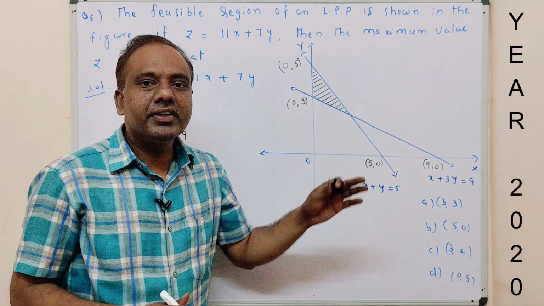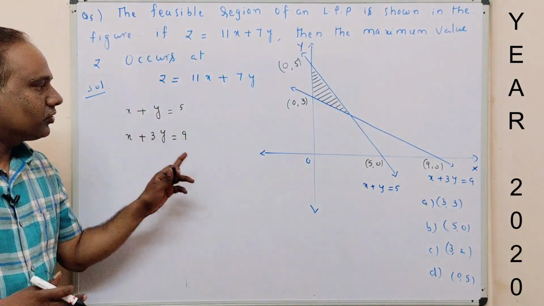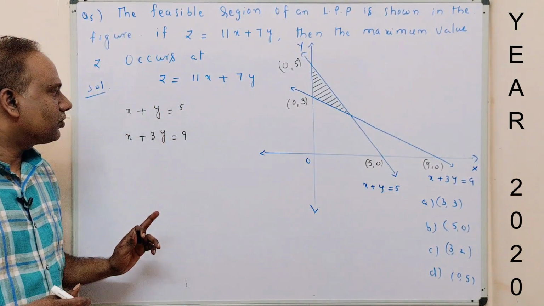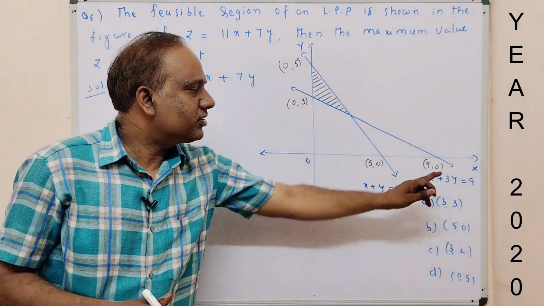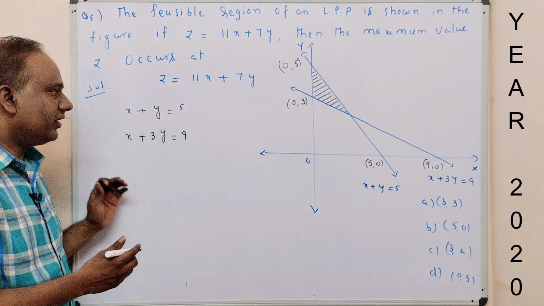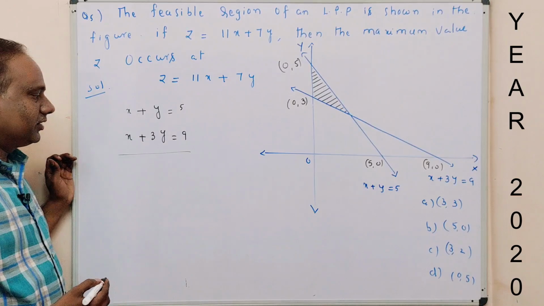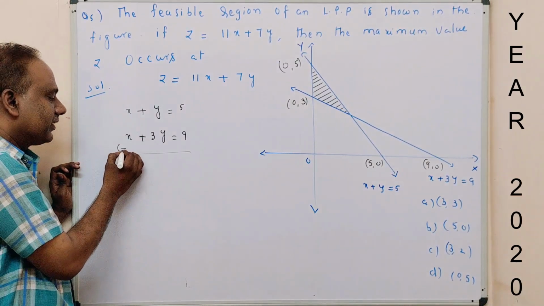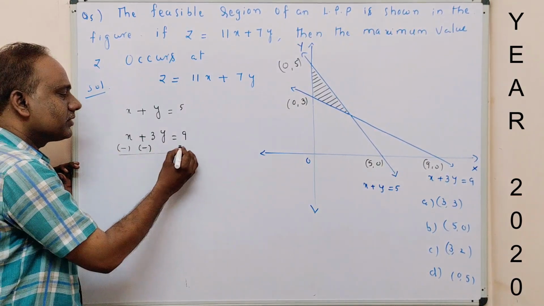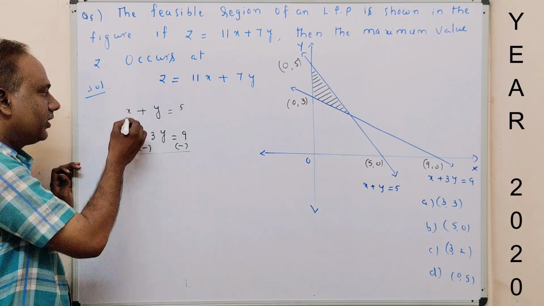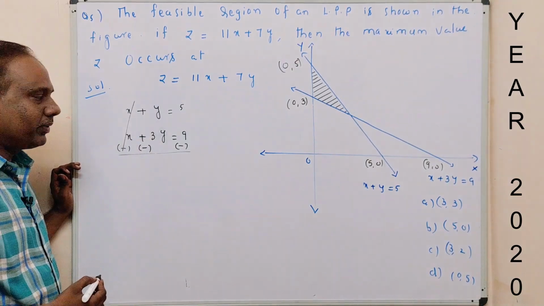How do we calculate the intersecting point? The first equation is x plus y is equal to 5, and the second equation is x plus 3y is equal to 9. Just solve here. We can subtract them. Plus x and minus x will be cancelled.